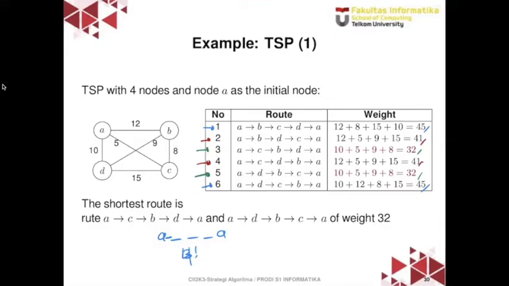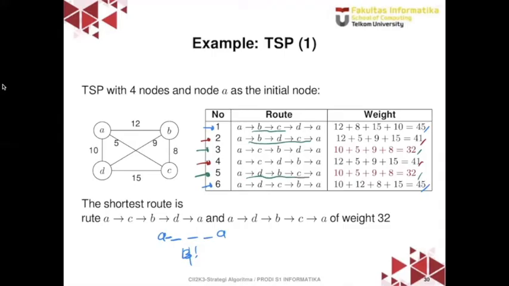Right. So here, to find the route, we can just say, let us only consider the routes where city B is visited before city C. So we can consider this route and also this route and also this route, right?